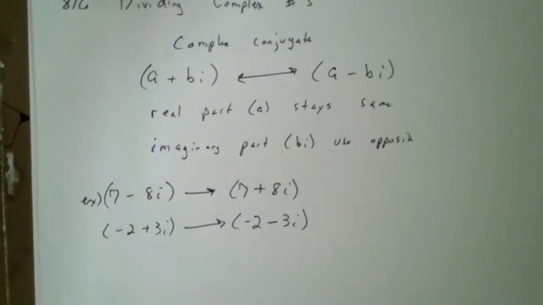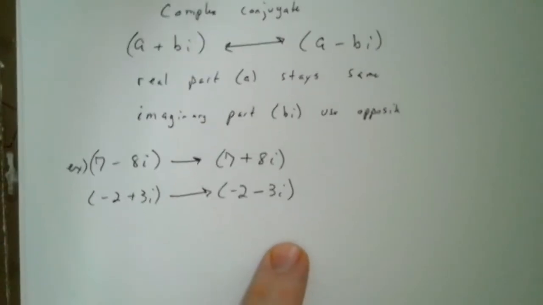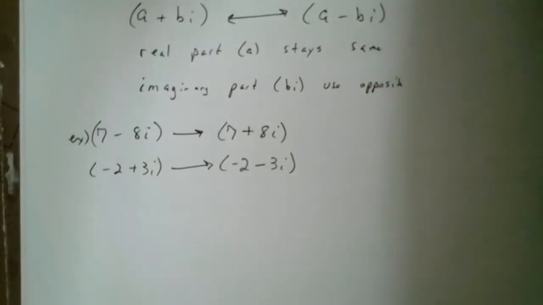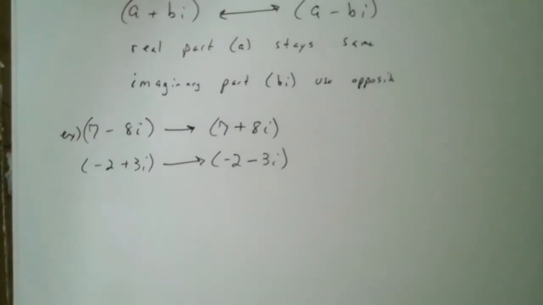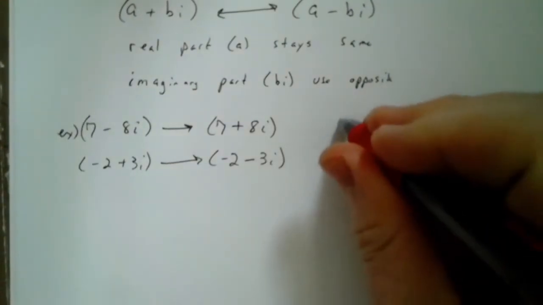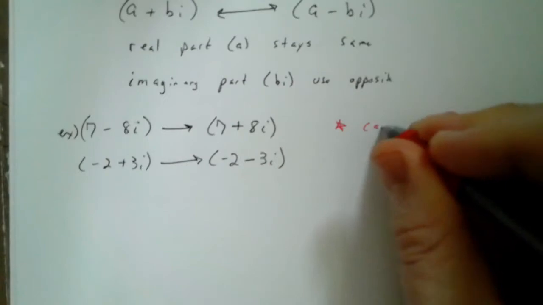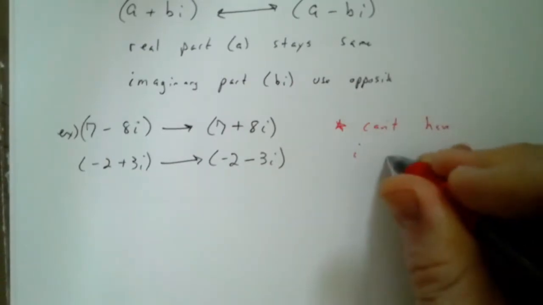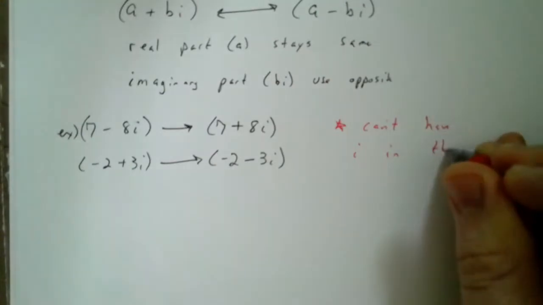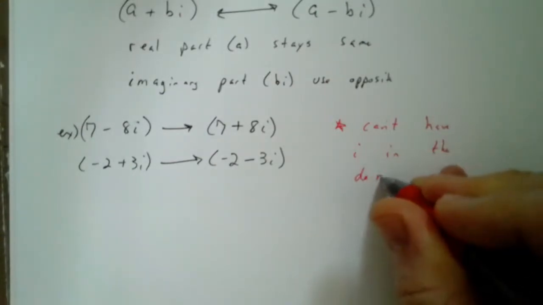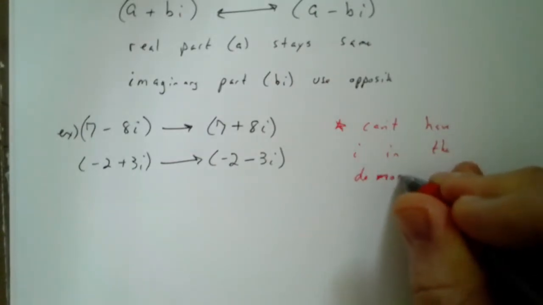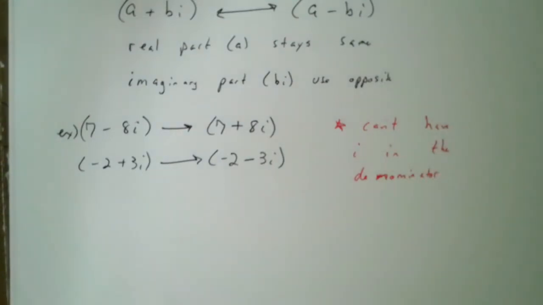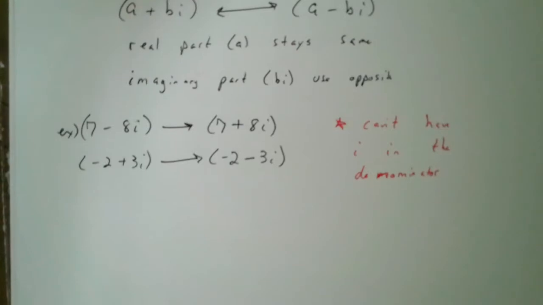We're going to use this to help us rationalize these denominators, because there's a rule when you're simplifying a fraction or a complex expression: you can't have i in the denominator. It's actually a bigger rule that you can't have a radical in the denominator, and since i is the square root of negative 1, it is a radical, okay?